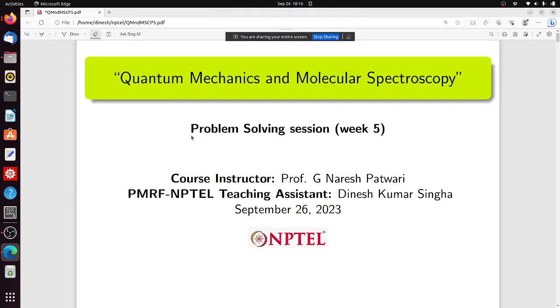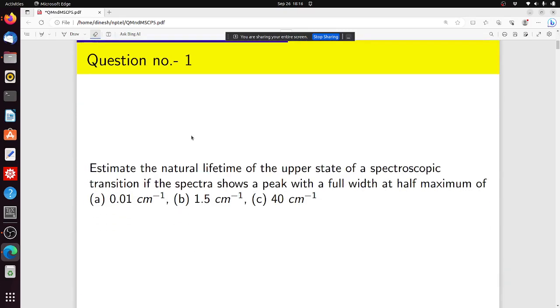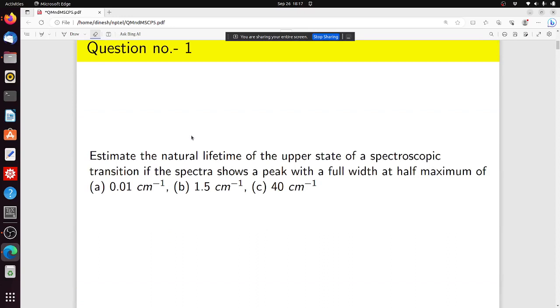So today we will do some problems regarding week number 5 on quantum mechanics and molecular spectroscopy. Okay. So let's start. In week number 5, you have learned about the lifetime tau, the process of spontaneous emission.